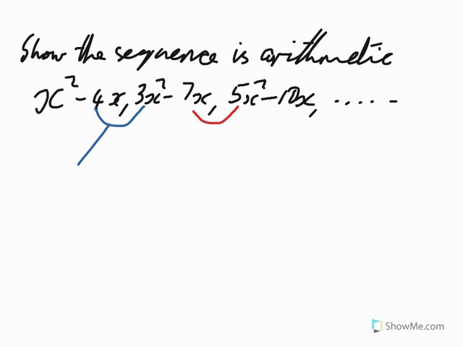So let's have a look. This one here, the difference 3x squared minus x squared is 2x squared. Negative 7x minus negative 4x is negative 3x. Next one, have a look. We've got 5x squared, we're taking away 3x squared, which is 2x squared.